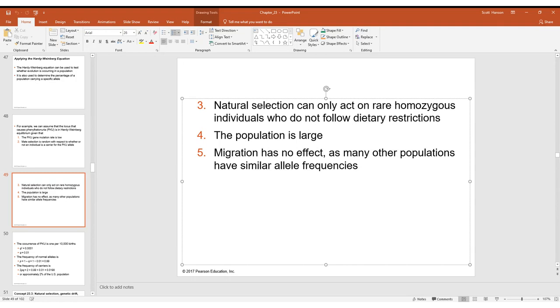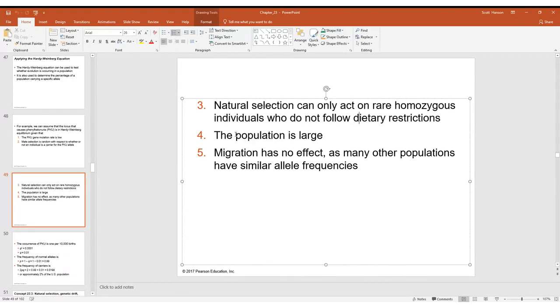And natural selection can only act on those very extremely rare homozygous individuals who don't follow the dietary restrictions. Because if you follow dietary restrictions, then you can live with PKU and you can live a normal life and everything's fine. So it's a rare event that natural selection can actually act against someone with that condition and who's not following the dietary restrictions.